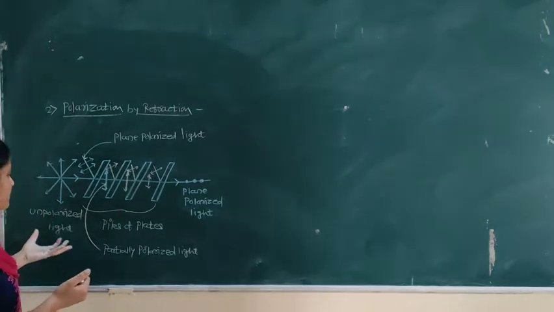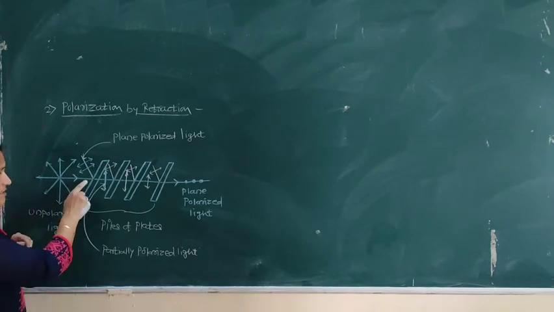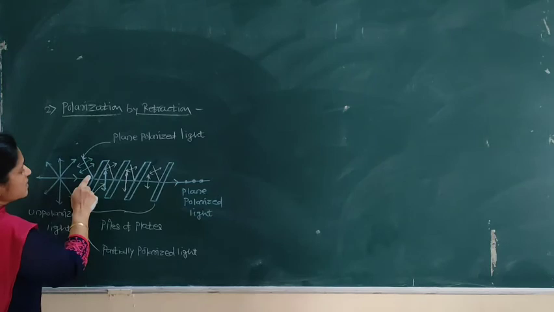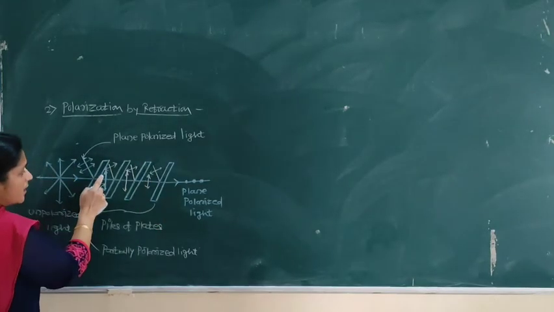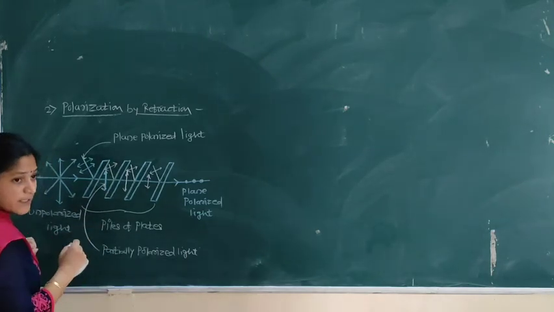Understood? I will explain one more time. Here unpolarized light is incident on a transparent surface. A part of the light is reflected, called plane polarized light. A part of the light is refracted and called partially polarized light.